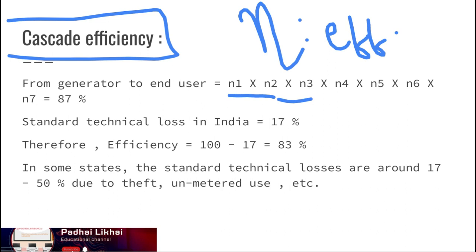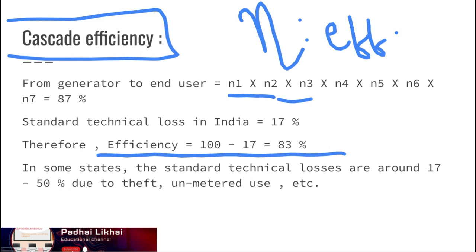Please understand that the standard technical losses in India are 17%, so the efficiency is assumed to be 83%. In some states, due to theft, unmetered use of power or other factors, these losses may go up to 50%, but in general it is considered 17%.